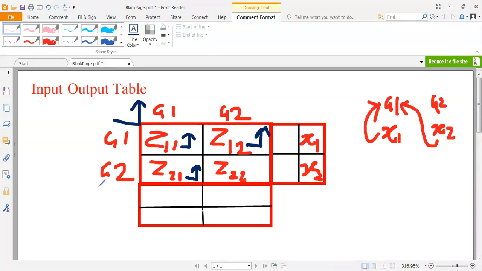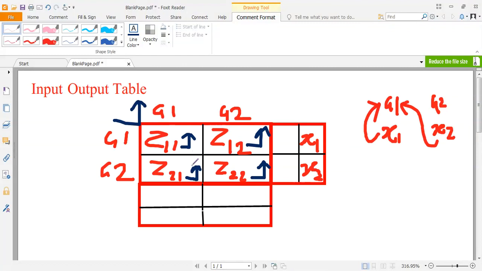And G2 is, let's say, the tractors, the fertilizers and the pesticides that the industrial sector produces and are used by the agricultural sector. So this goes from sector 2 to sector 1. So that's Z21. Similarly, Z22 is that part of sector 2's production which has reverted back to sector 2 for its own production.